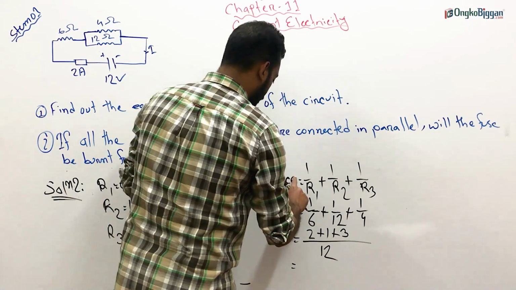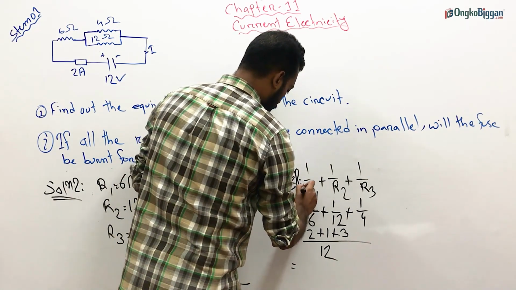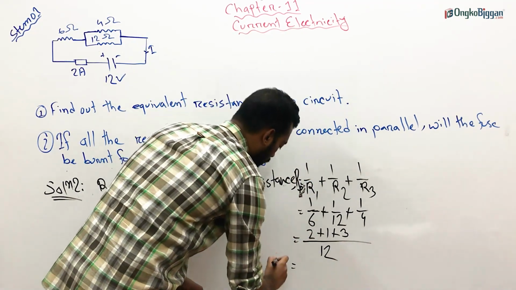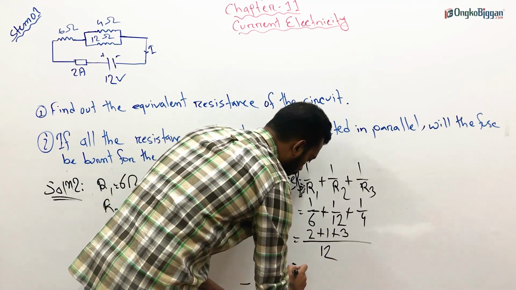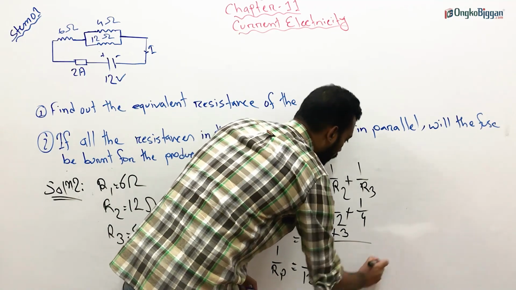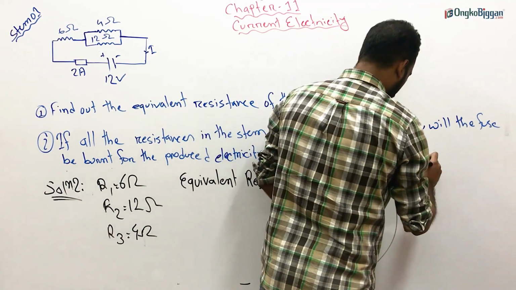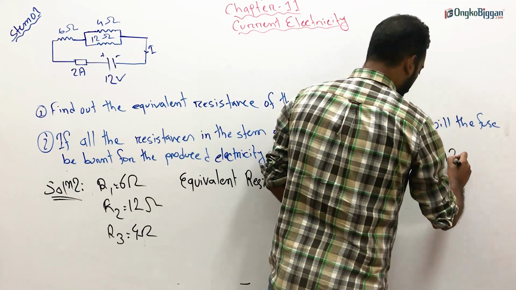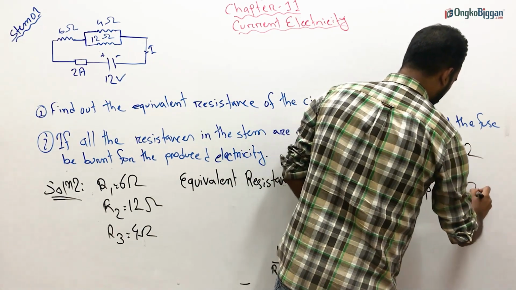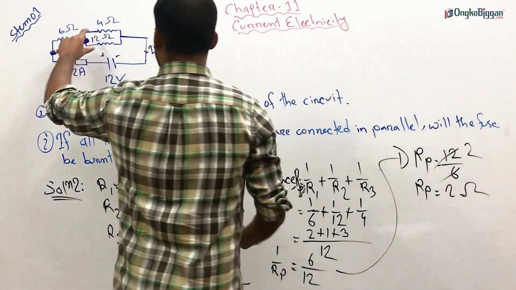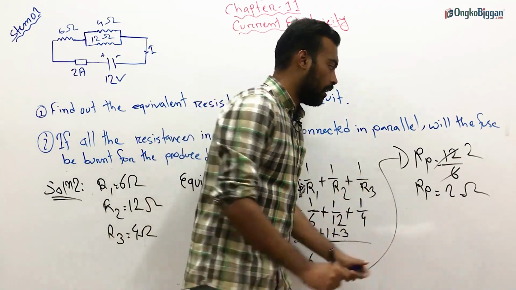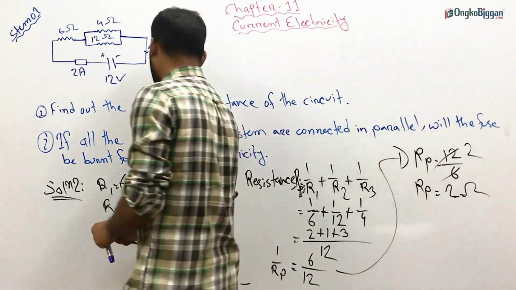So 1 by Rp is equal to 2 plus 1 is 3, 3 plus 3 is 6, so 6 by 12. Or you can write Rp is equal to 12 divided by 6, which is 2. So Rp is equal to 2 ohm. If all three resistances are connected in parallel, the resistance we get is 2 ohm.